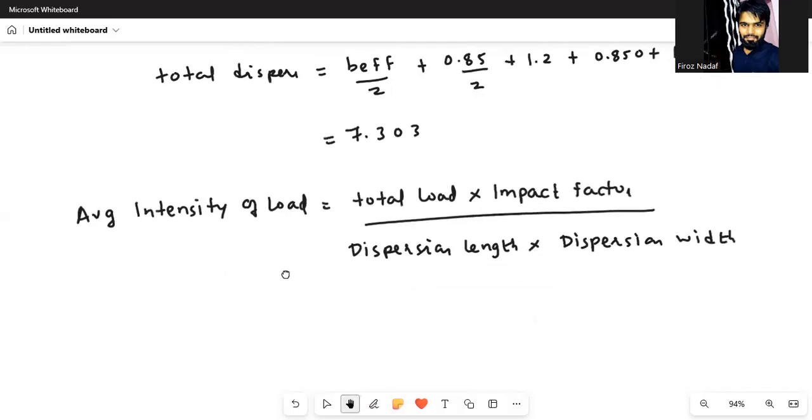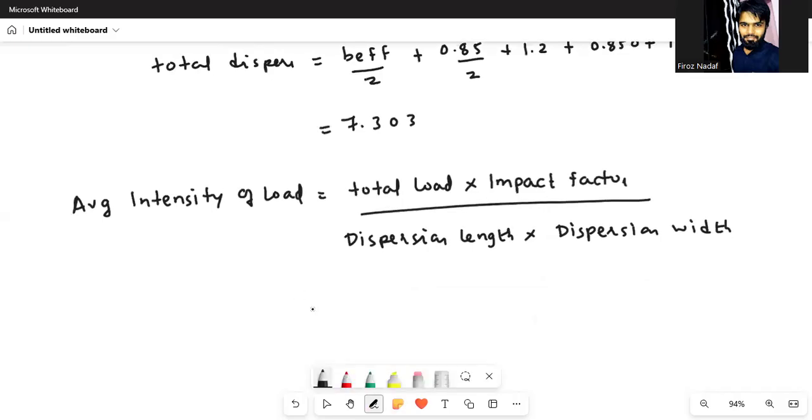So total load of the IRC class AA track vehicle is 700 kilonewton. Into impact factor, we have seen that is 19.7%. We need to increase it, so 1.197, divided by dispersion length 4.76 and dispersion width 7.303.